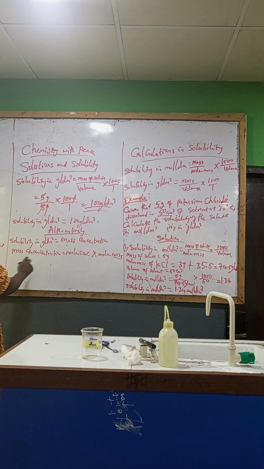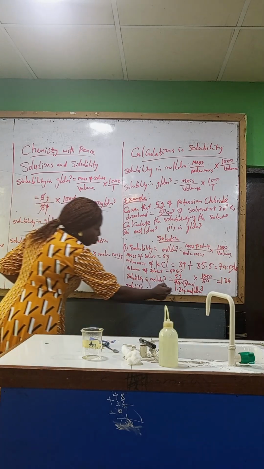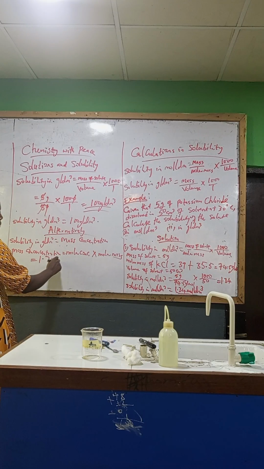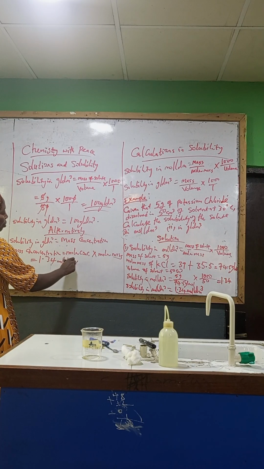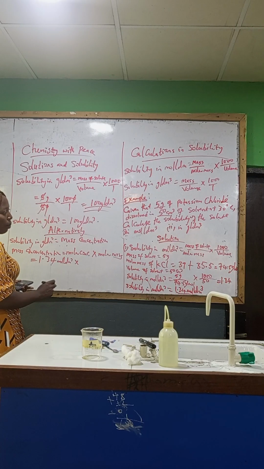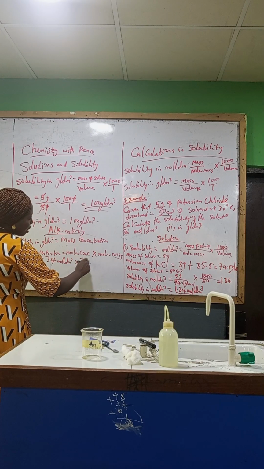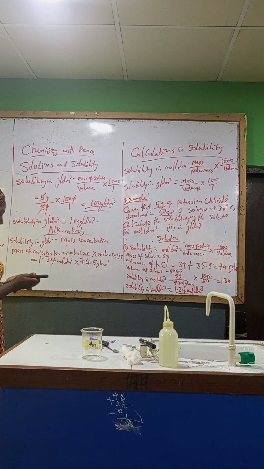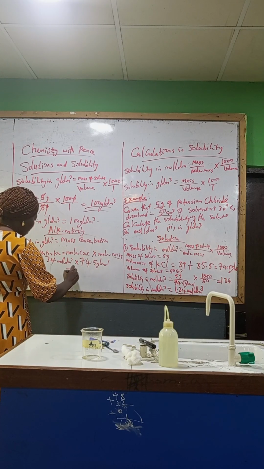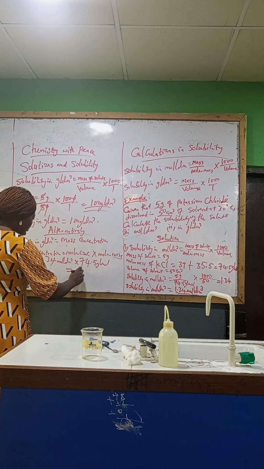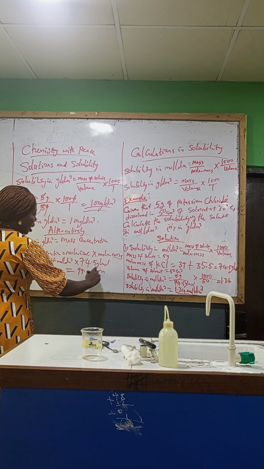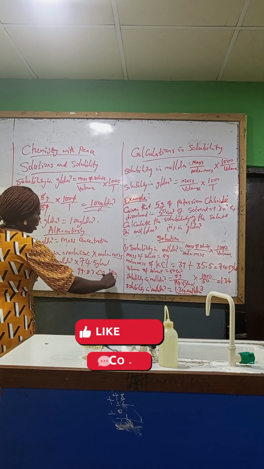So when you substitute the value, the molar concentration is the one we just got here, 1.34 mole per dm cube, times molar mass. Our molar mass we got to be 74.5 gram per mole. Please use your calculator. That is giving us 99.83, which is approximately 100 gram per dm cube.